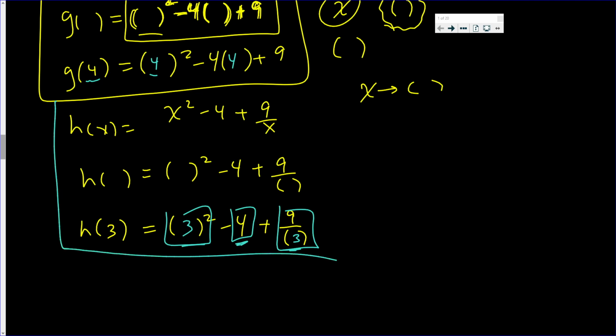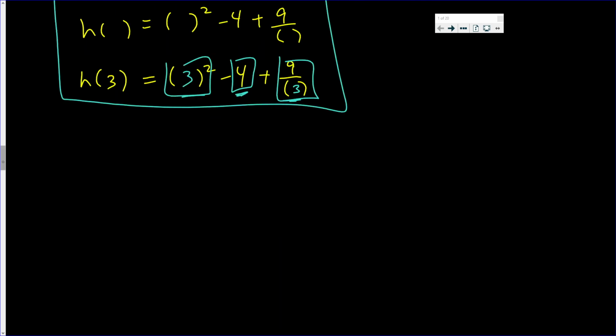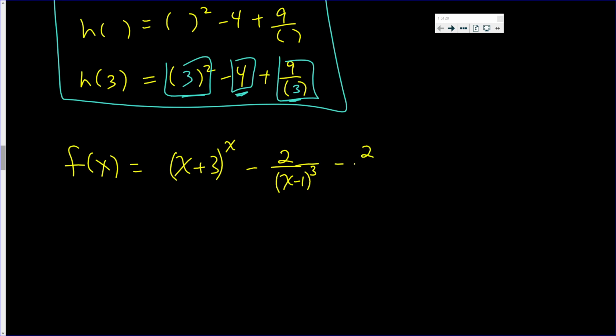But right now, we're not doing math. Suppose I tell you that f of x is equal to x plus 3 to the x power minus 2 over x minus 1 cubed minus 2 over x.